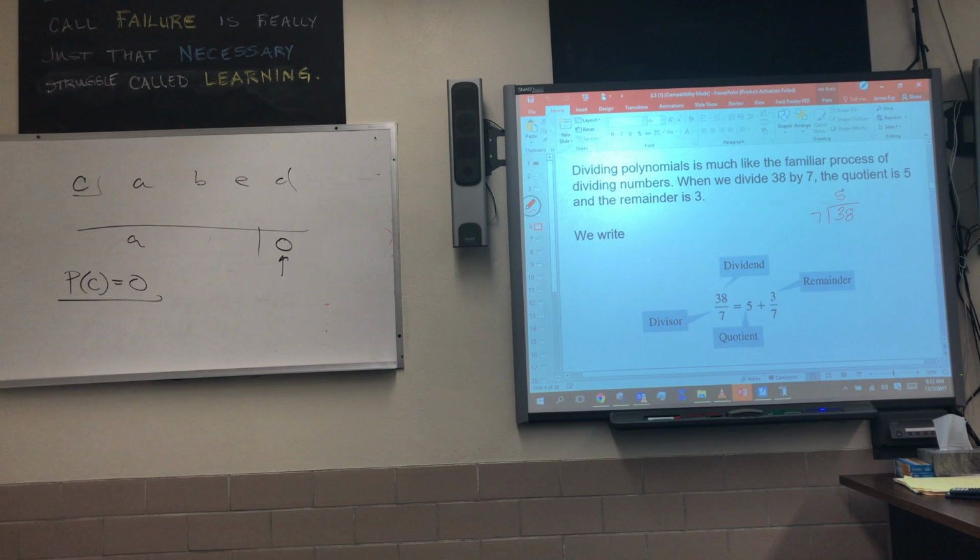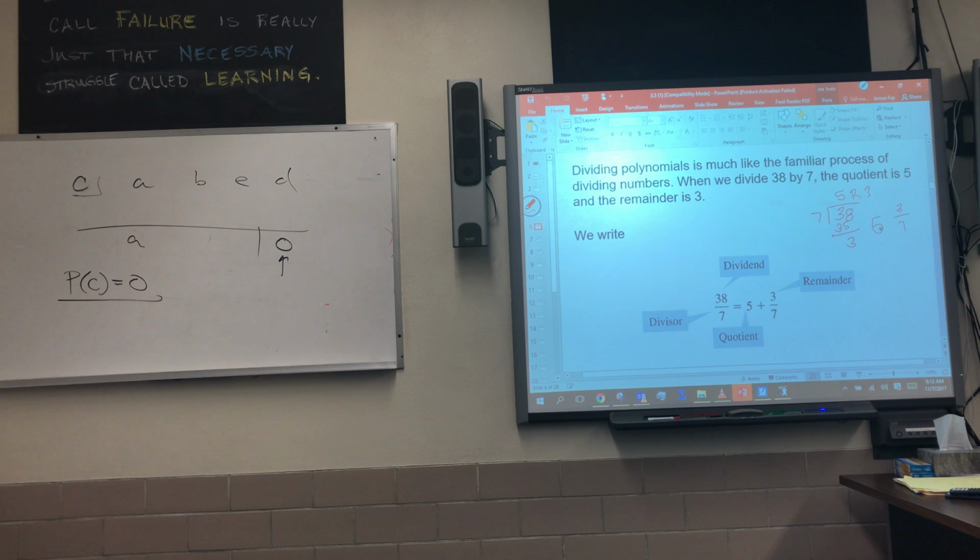So what number would that be? 5. 5 times 7 gives me 35, right? I get my 3, and then you guys in 3rd grade put R3, remainder 3. But we know that means the same thing as 5 total things, and then left over 3 out of a total of 7, so 3 sevens.